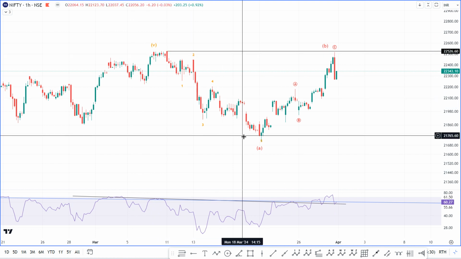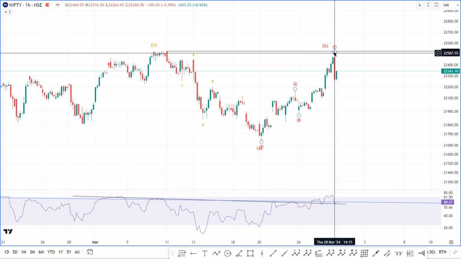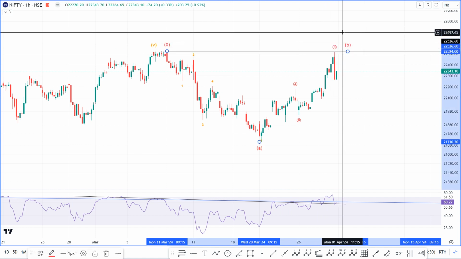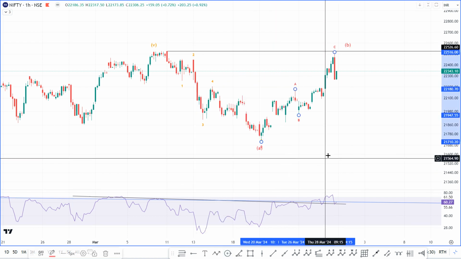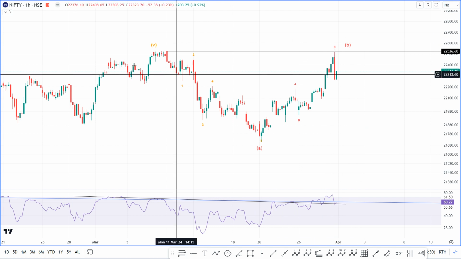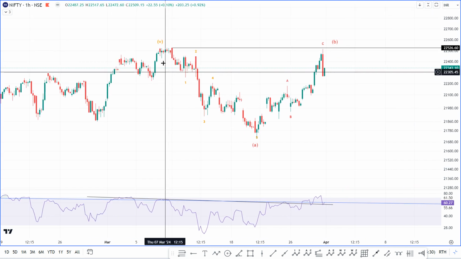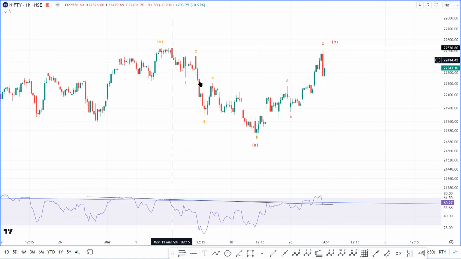So wave A has five sub waves in it. This is wave B, and wave B has ABC in it. So this is five, this is three. So what correction is it? If it is five three, and the next will be five, because it has to be a zigzag.